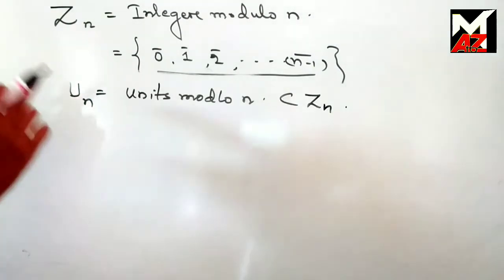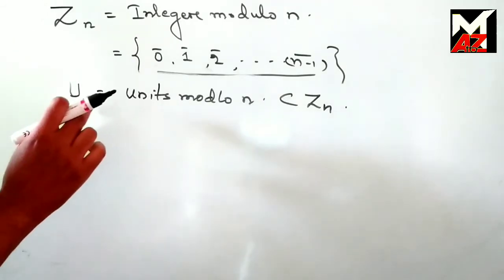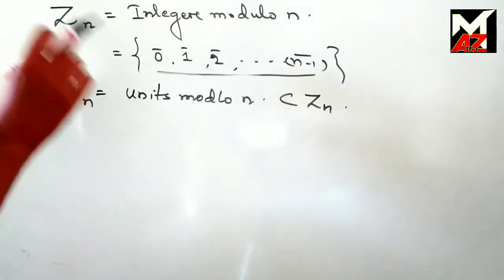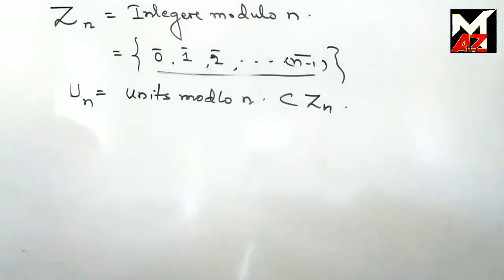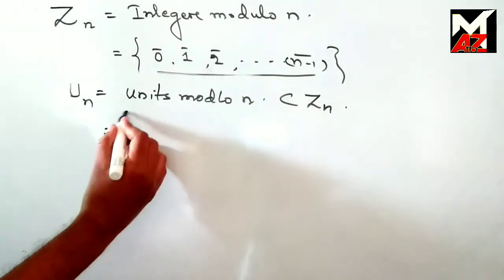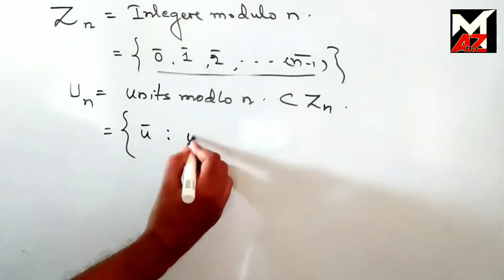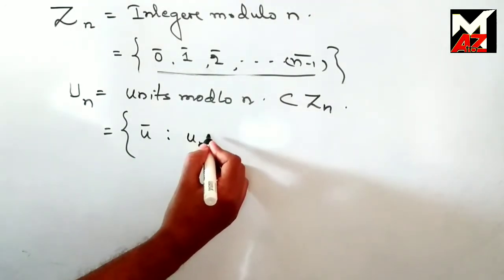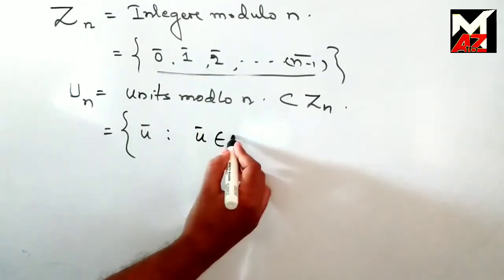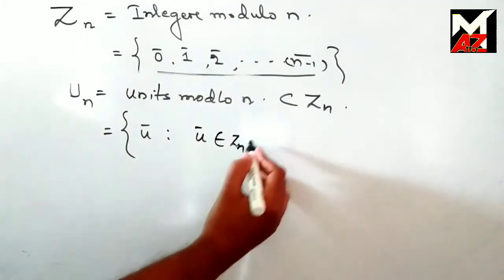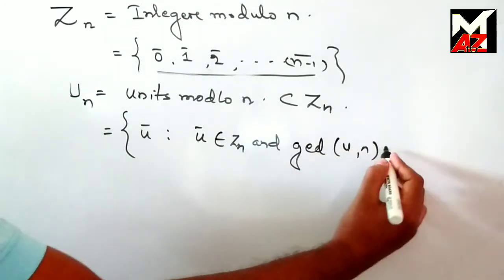Now we consider the set Un, which consists of those elements of Zn which are units in Zn, and this set can be written as Un equal to the set of U bar belonging to Zn such that GCD of U and n equals 1.